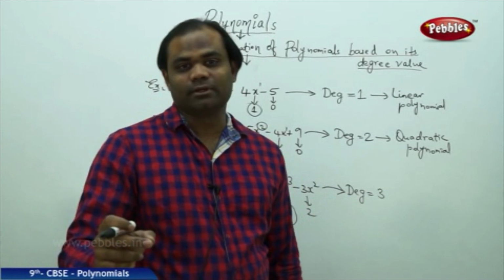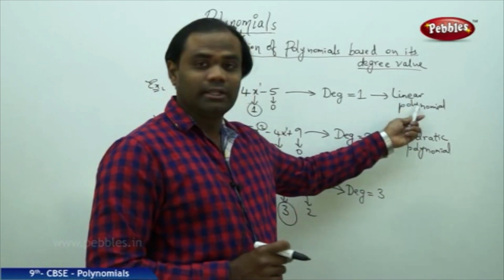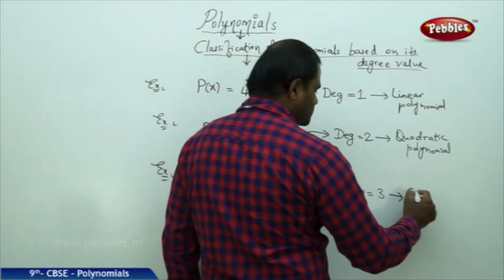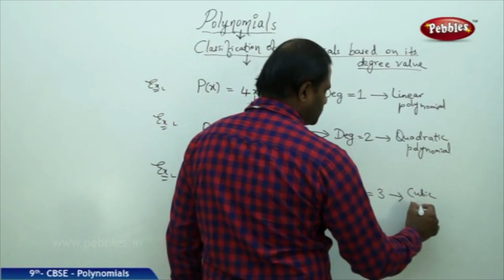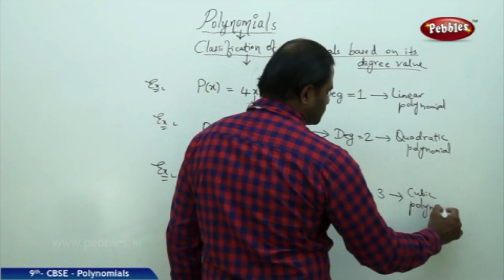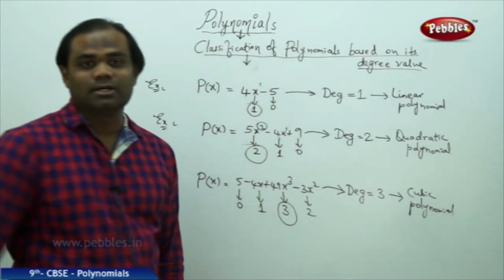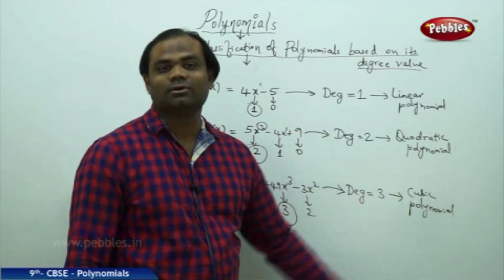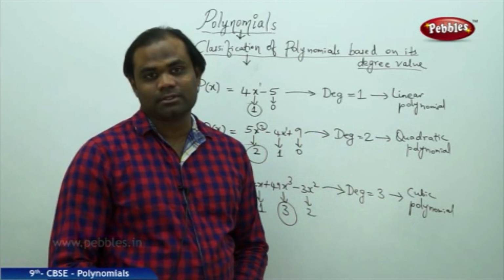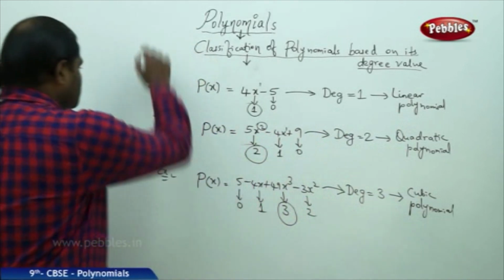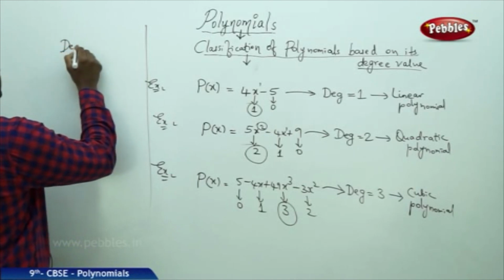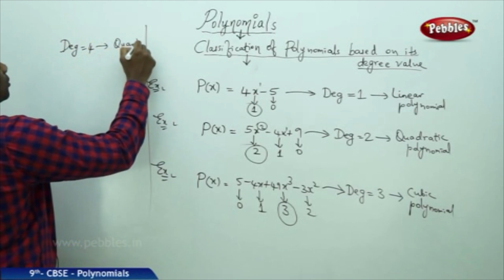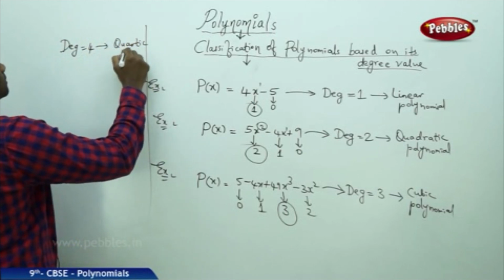Cube stands for 3, quadratic stands for 2, linear stands for 1. So degree 3 stands for cubic polynomial. This is how we define the different types of polynomials by degree. Degree 4 and degree 5: if the degree is 4, then the polynomial is called a quartic polynomial.